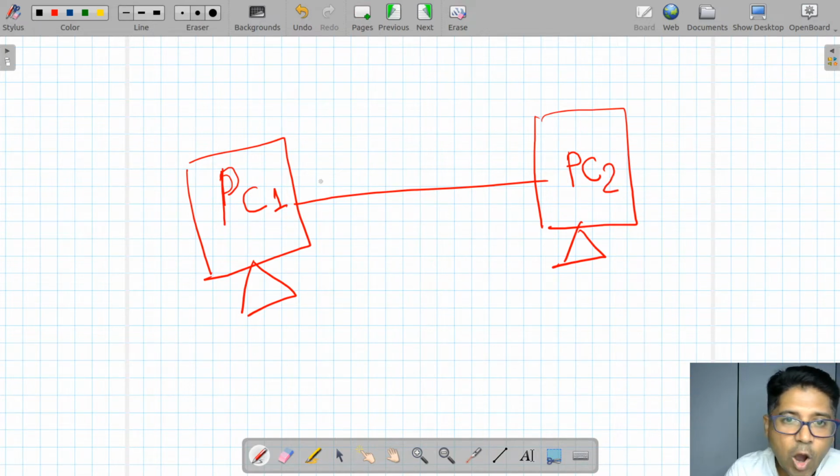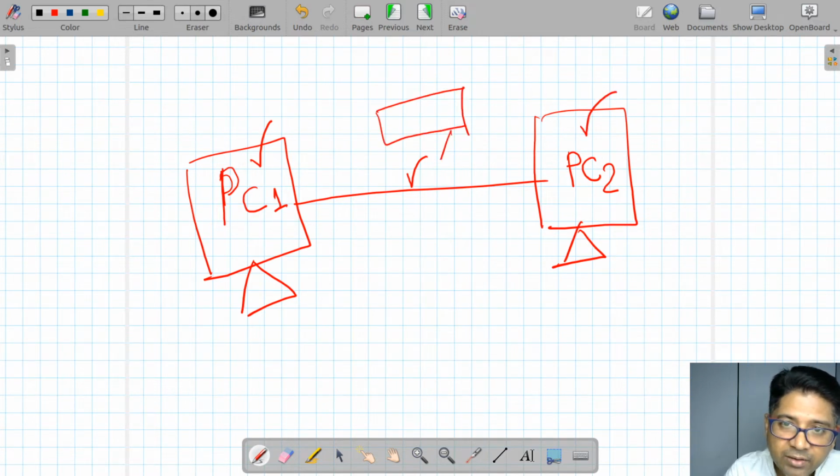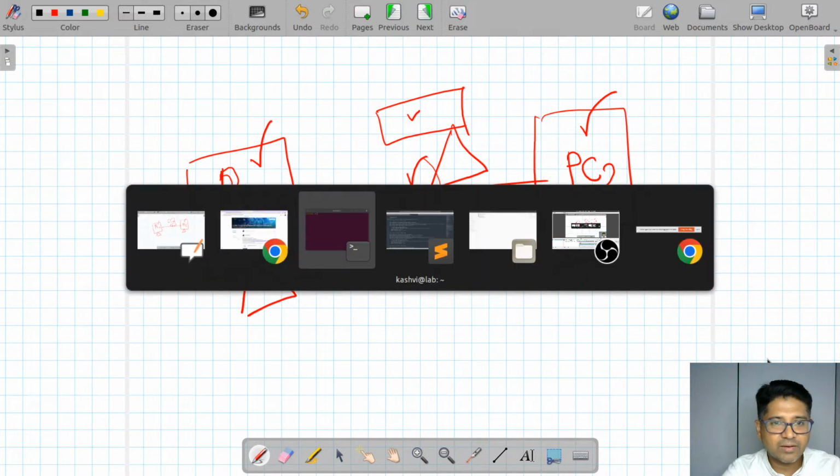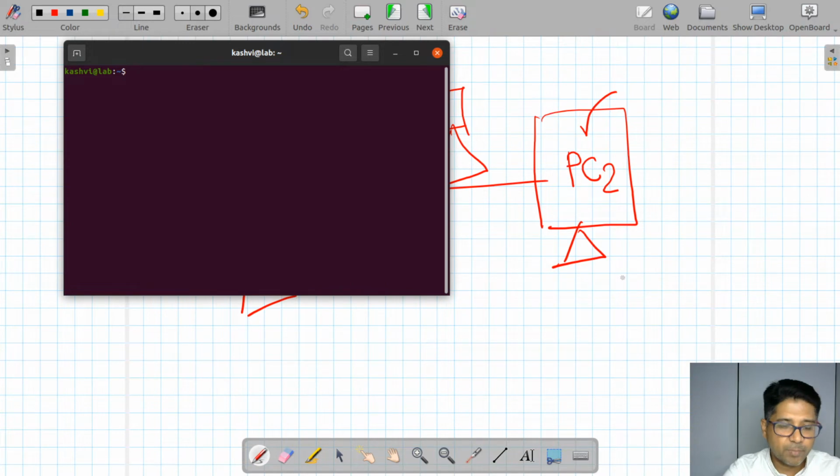We'll see how they communicate, which wire I am supposed to use, what configuration we have to do on PC1 and PC2, what header will be flagged with this wire, what packet is going to be sent. I start the lab, then open the packet.